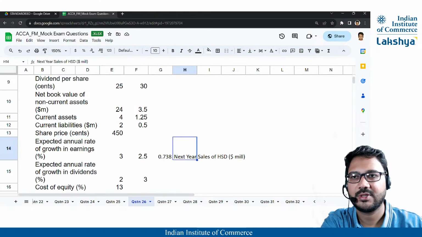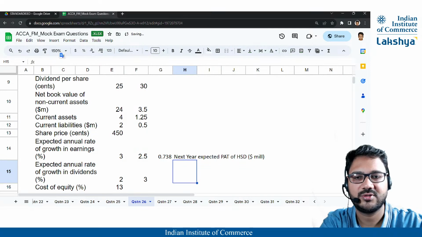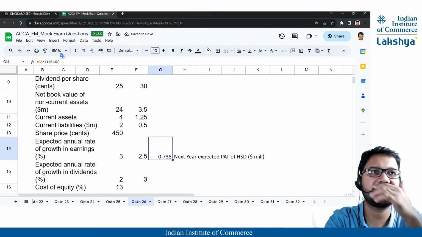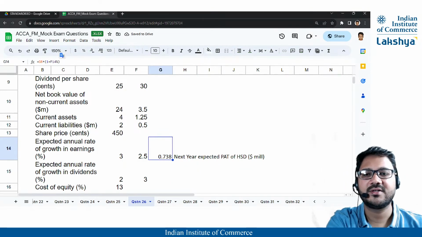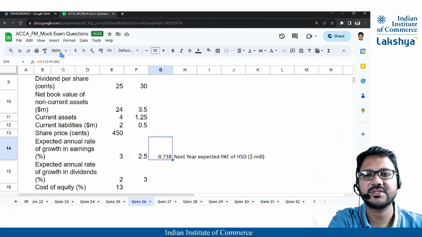Sorry, next year expected profit after tax, right? So 0.738 is the total earnings that we are expecting for the next year.